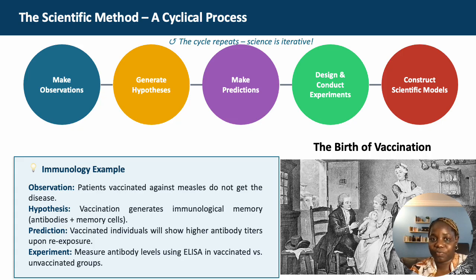Many centuries before, in China, the practice was used, named variolation, using a small quantity of pustule material to protect from smallpox. In Africa also, variolation was practiced independently across parts of the continent.